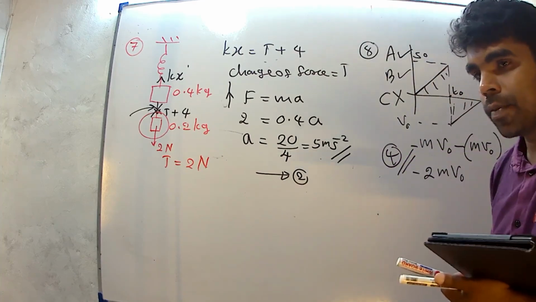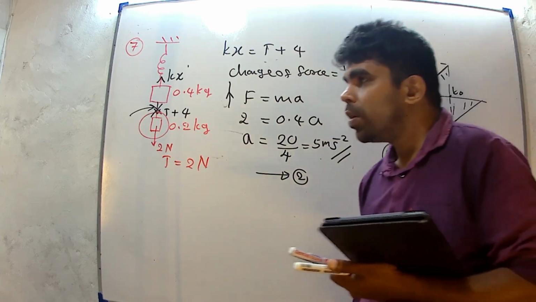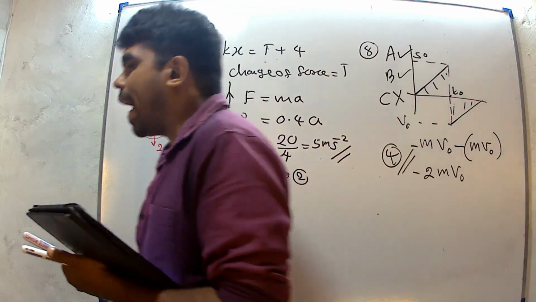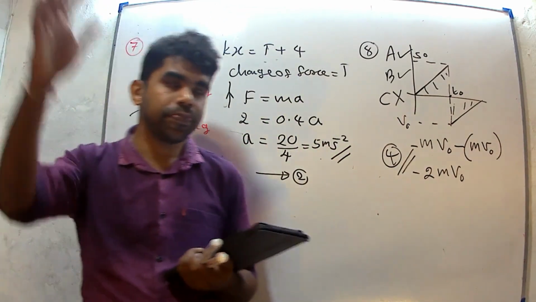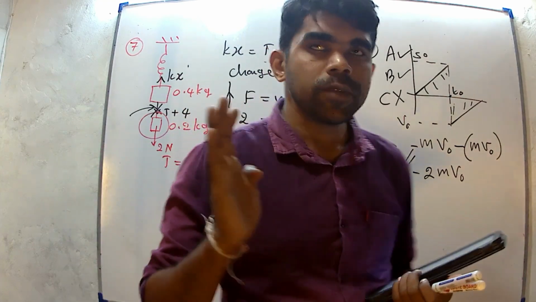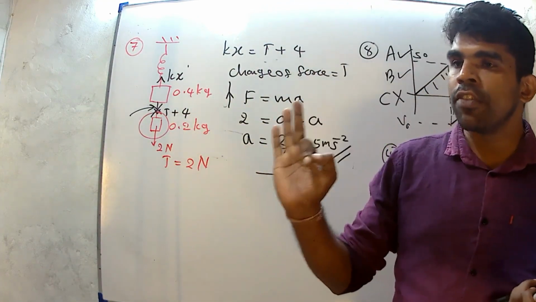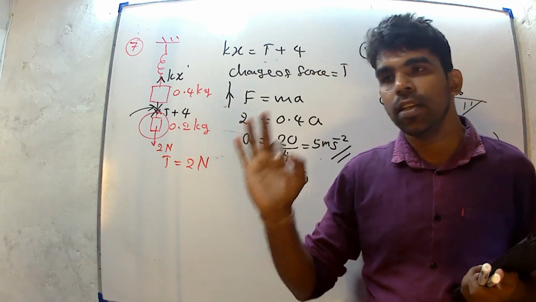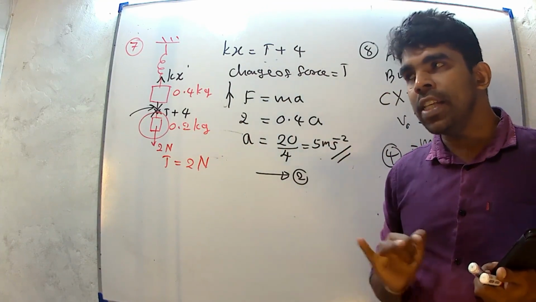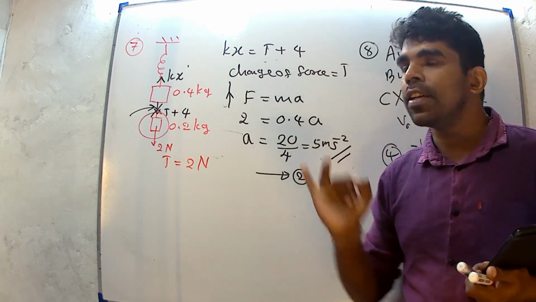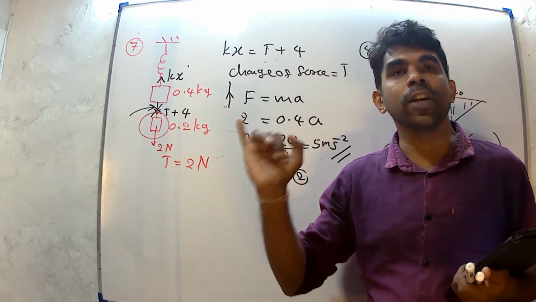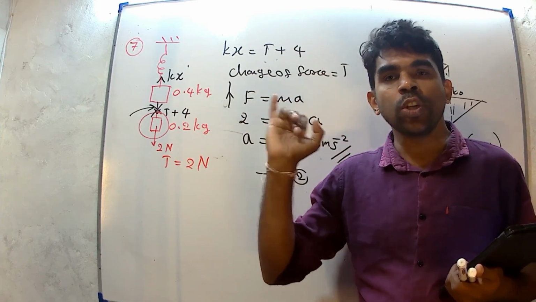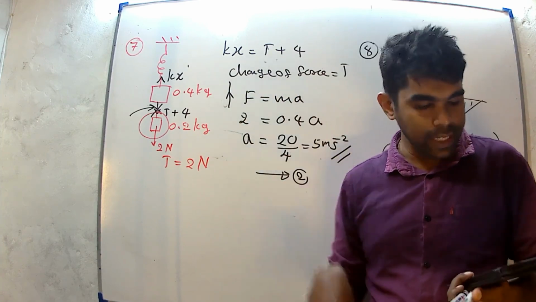Then we have to consider the properties of action and reaction. First one is equal in magnitude. Second one is opposite direction. Third one is acting in the same straight line, same line of action. Fourth one is the important thing, acting on two bodies, acting on two objects.